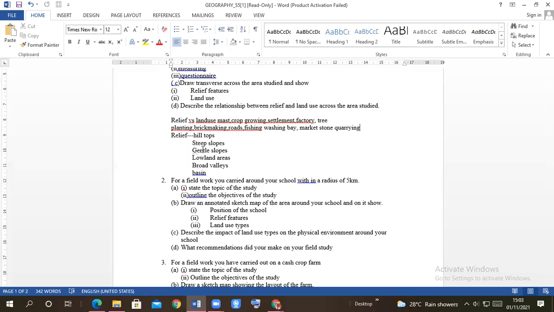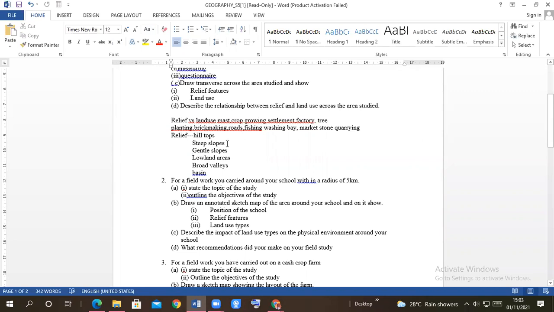You don't repeat the word influence, but you bring other influencing terms or phrases. But if they didn't put influence, they just said describe the relationship between, you can use the word influence. Like this and this influenced this. But in other words, avoid the word influence, because I know you students, when you are told you will mess up. Use words like encouraged, favored, promoted, enabled. Are we together?